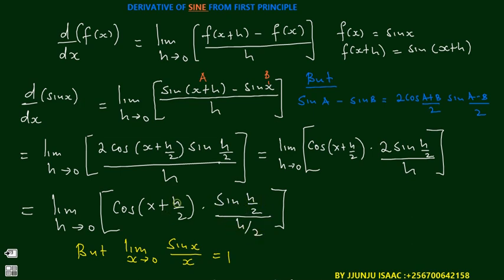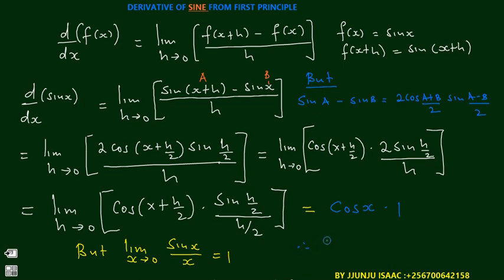But this one here is going to give us 0 plus x, so we remain with cos x. Therefore, if we apply the limit as h tends to 0, this one becomes cos x times, now this one will give us 1, that is times 1.